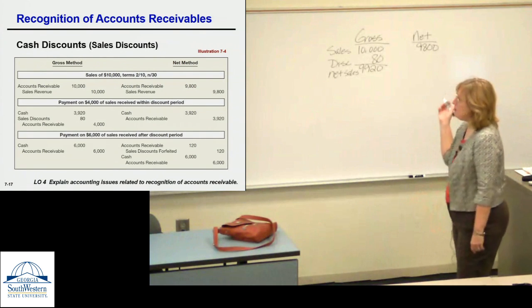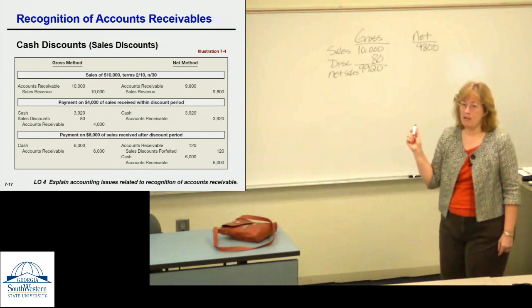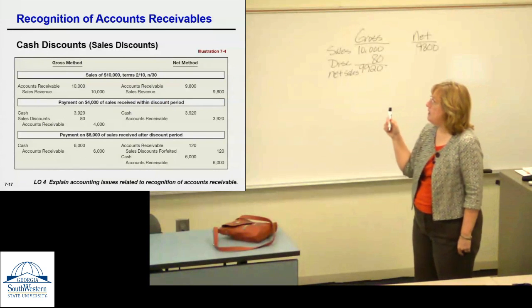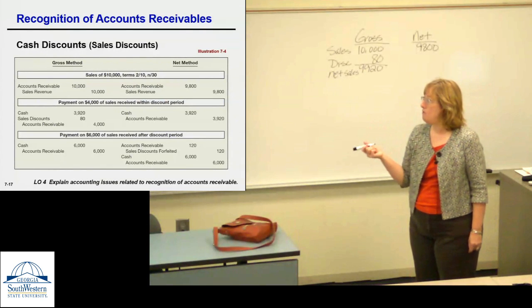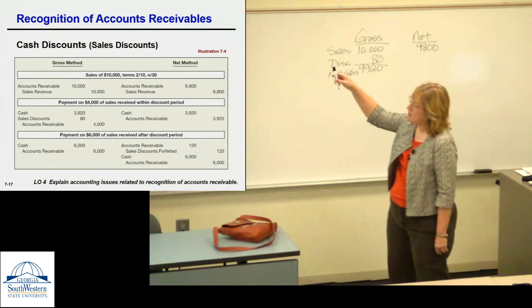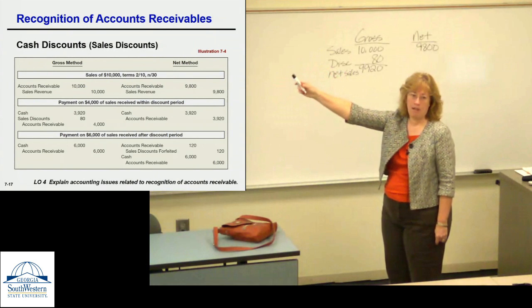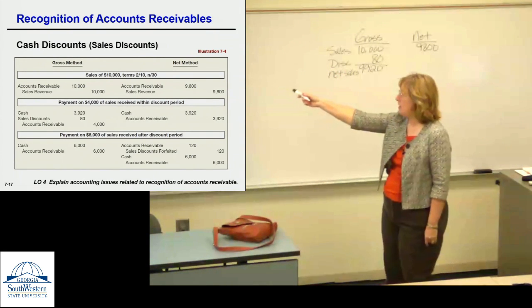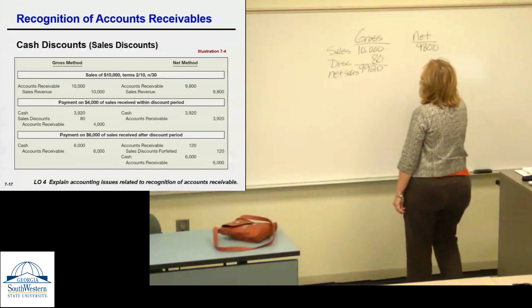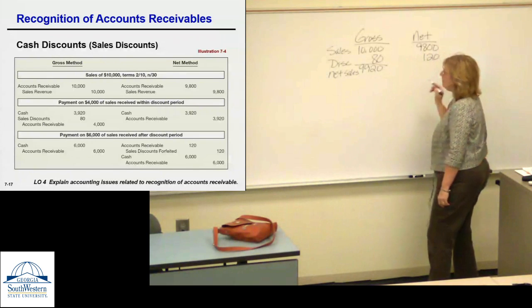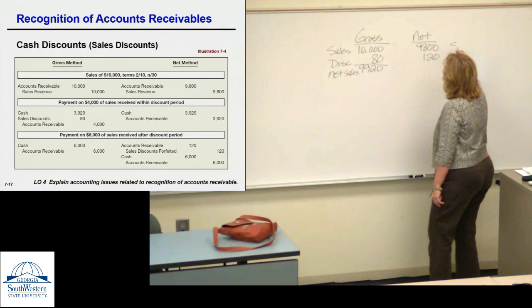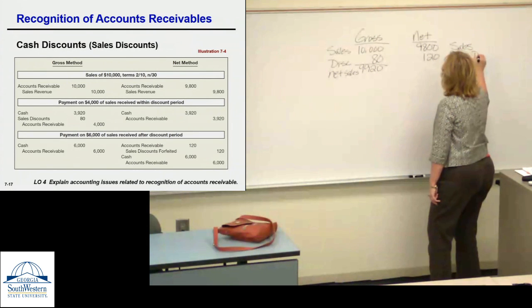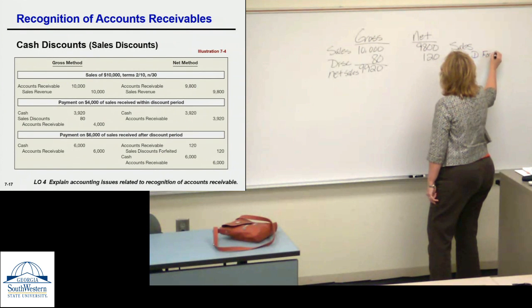All right, but if we use the net method, we record the sale net, and then if they don't take part of the discount, see, they took part of the discount, the 80, but they didn't take this part of the discount, 120. So in this case, this is sales, and this one is sales discounts forfeited.